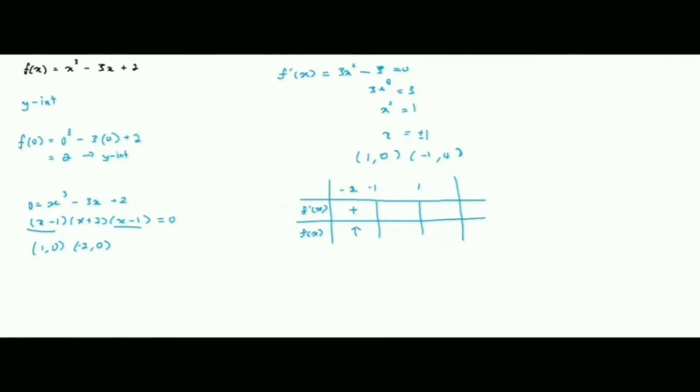Now we choose a number greater than negative 1, which I'll choose 0. So 0 substituted in here, we'll get negative 5, so it will become negative here, so it's decreasing.